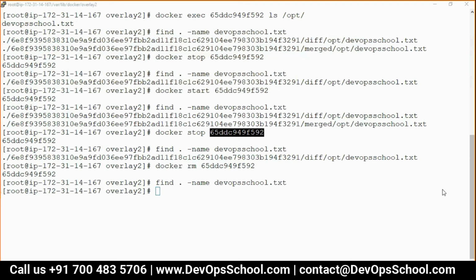So the problem we are discussing is, how can we have data persistent? How can we have data persistent beyond the container life cycle? When I say life cycle, that means the container is dead, deleted, corrupted, whatever it is, I don't care, but the data should not be lost.